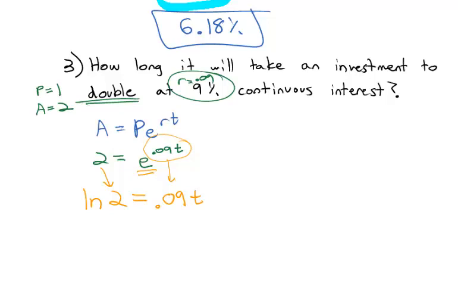Natural log means base e, and in class, if you want to review natural logs, we can. That gives me something I can solve really quick by dividing by 0.09. So t is equal to the natural log of 2 divided by 0.09.